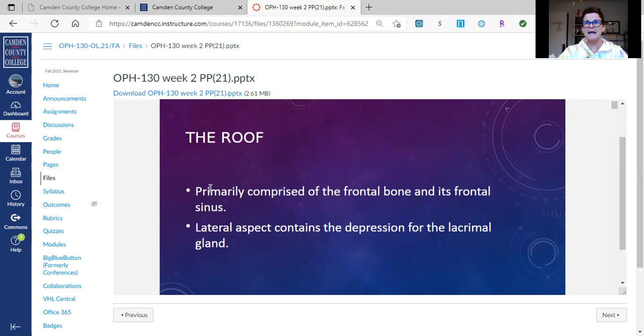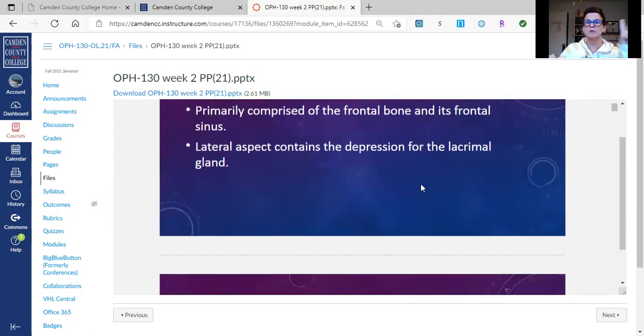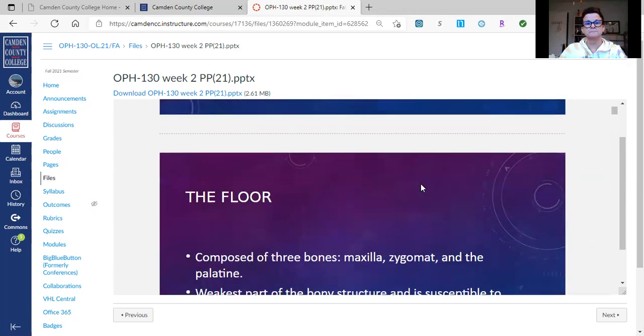It would be natural to assume that the lacrimal gland is housed in the lacrimal bone. It is not. Okay, so keep it in your memory here that the frontal bone right here makes up the roof of the orbit and also has a lateral depression where the lacrimal gland sits. Those are the 2 things I want you to know about the roof.